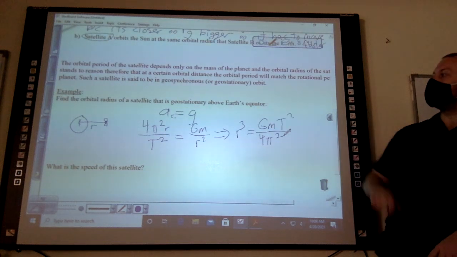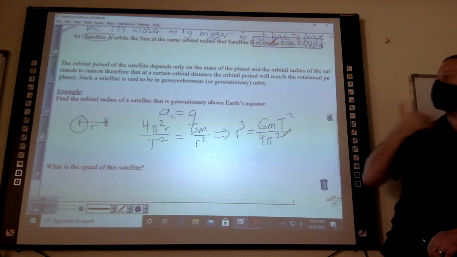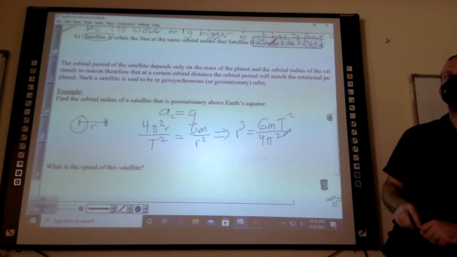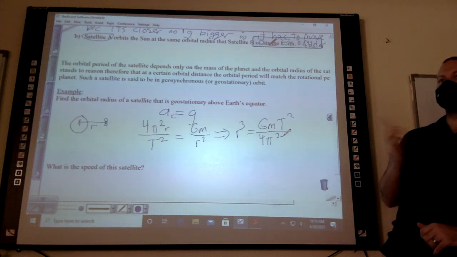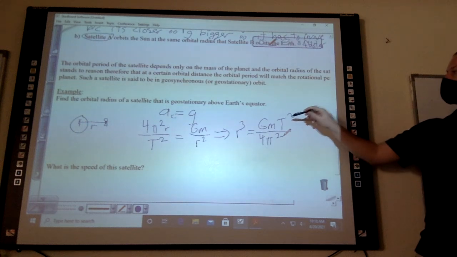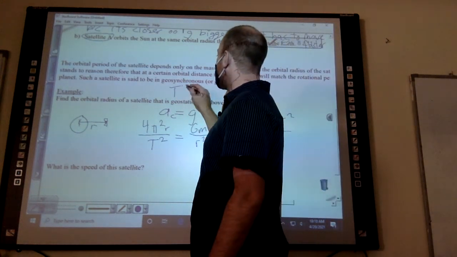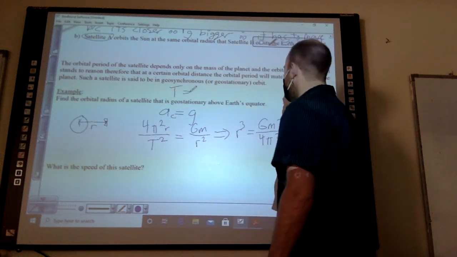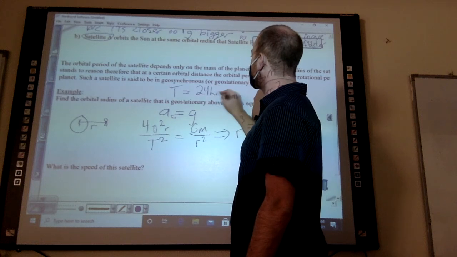If I am geostationary, that means this satellite is orbiting at the exact same speed that the Earth is rotating. And what is the amount of time it takes for the Earth to do one full rotation? 24 hours. So I can figure out what T is. We can just use some unit analysis. So the period is 24 hours.